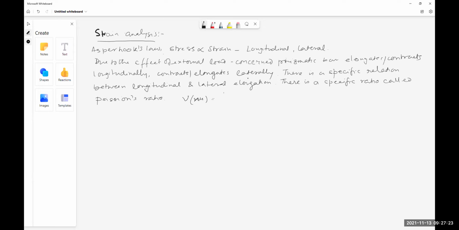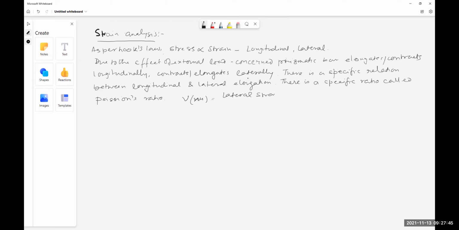Nu is equal to lateral strain divided by longitudinal strain. Let us block it like this. It is not deformation, but is strain itself.